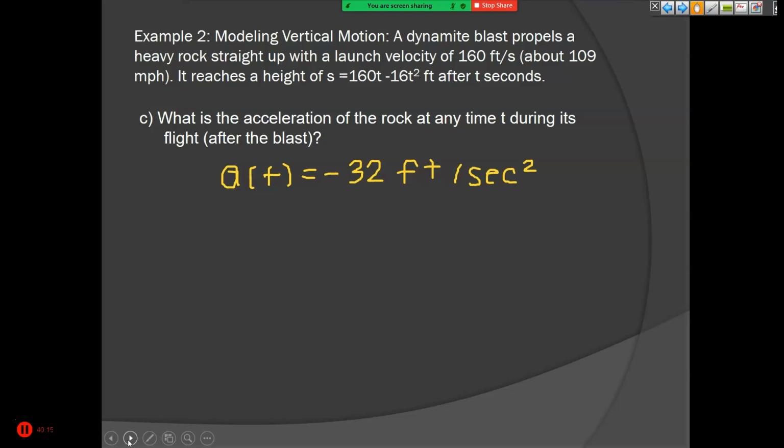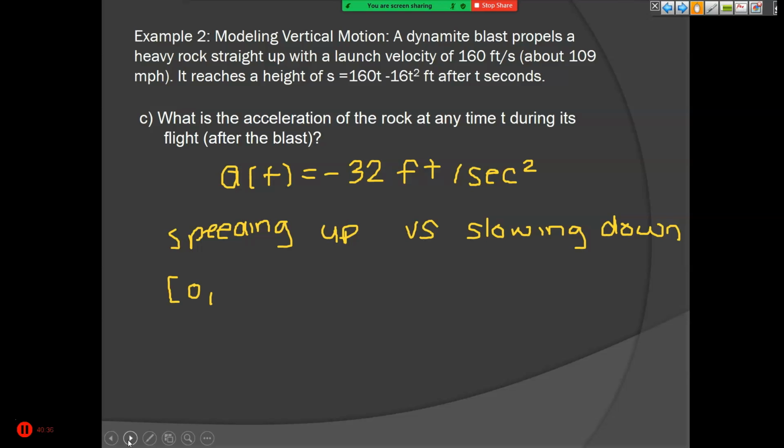So if you go back to our concept of speeding up versus slowing down, we know that the velocity is 0 at 5 seconds. So from 0 to 5, would the object be speeding up or slowing down?